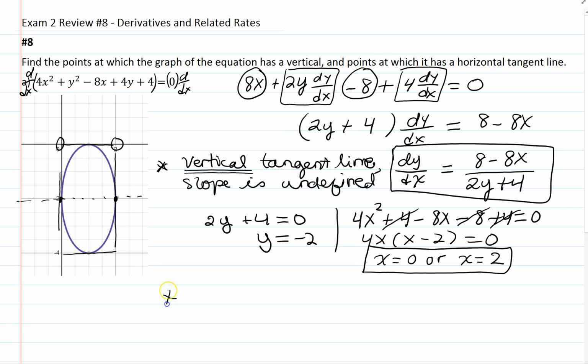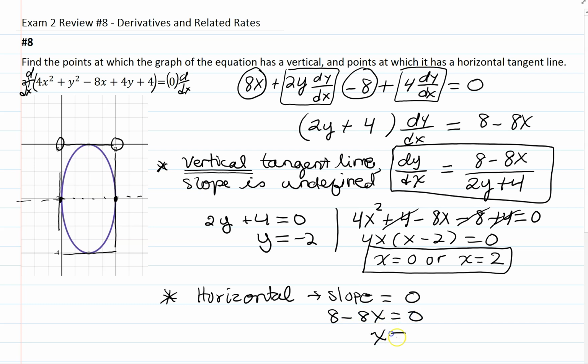And then for a horizontal tangent line, that is when the slope is equal to 0, and this fraction equals 0 when the numerator is equal to 0. So 8 minus 8x equals 0, which means x is equal to 1.